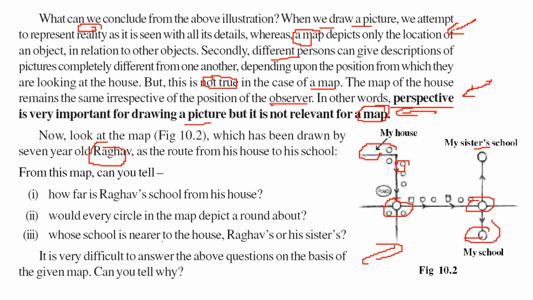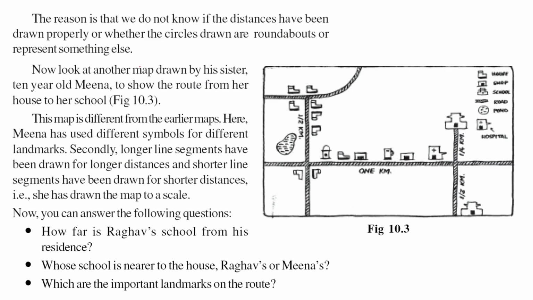And whose school is nearer to the house, his sister's or Raghav's? From what Raghav has made, it is difficult to answer these queries. Why? This is because we do not know if the distance has been drawn properly, or if the circles are roundabouts, or whether they are representing something else.